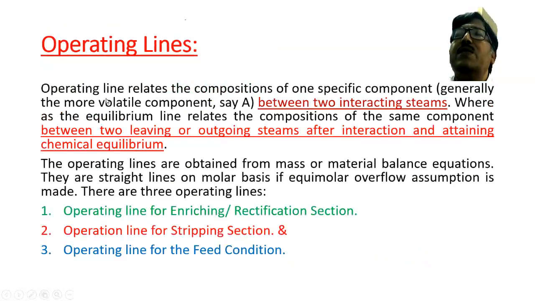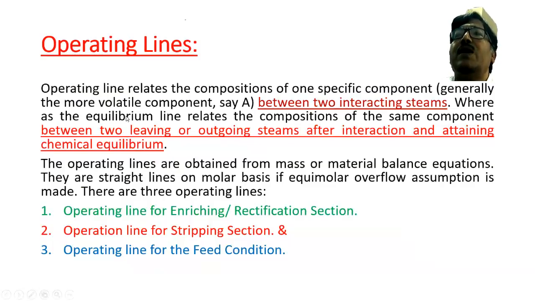Now, in the McCabe-Thiele design method, determining the number of trays or number of ideal stages is calculated using the concept of operating lines and equilibrium curves.